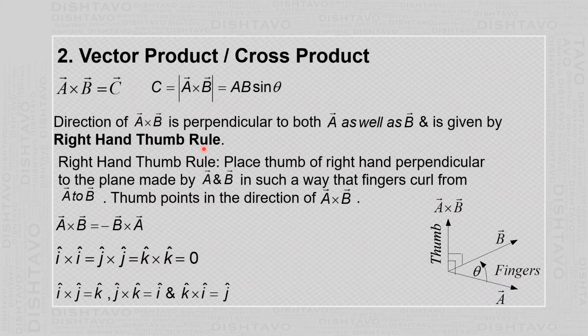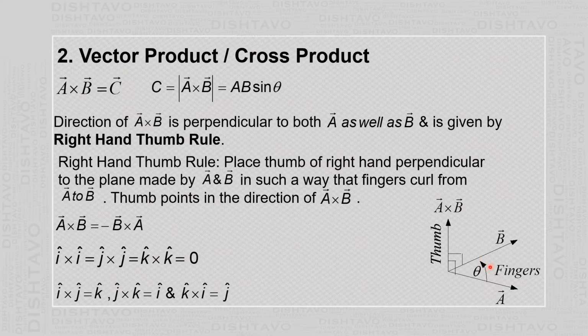Now let us see how to apply this right hand thumb rule. You have to take the right hand and keep the thumb perpendicular to the plane of vector A and vector B. Now there are two ways of keeping it, thumb this way or thumb this way. You should keep this thumb in such a way that the fingers are going from the first vector to the second vector.